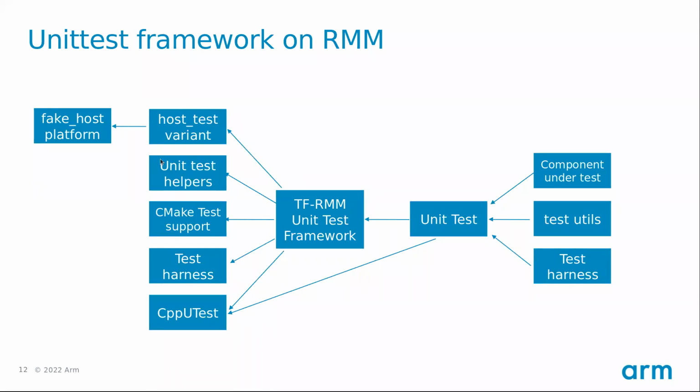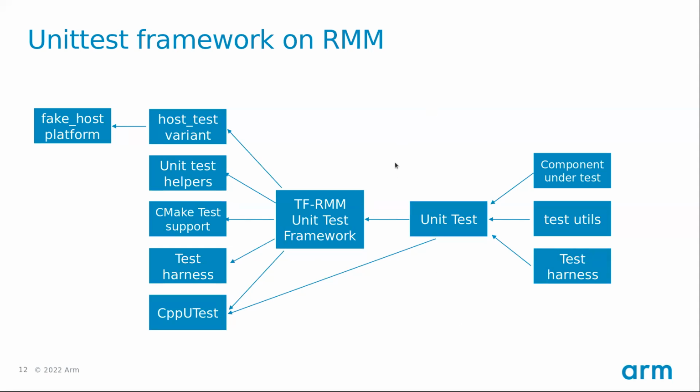It also depends on a small library, which is a set of helpers for the unit test. We also use the test support included in CMake. We have another small library, tightly coupled to the unit test helpers, which contains harnesses used for the unit test. And then we also make use of the CPP test framework.